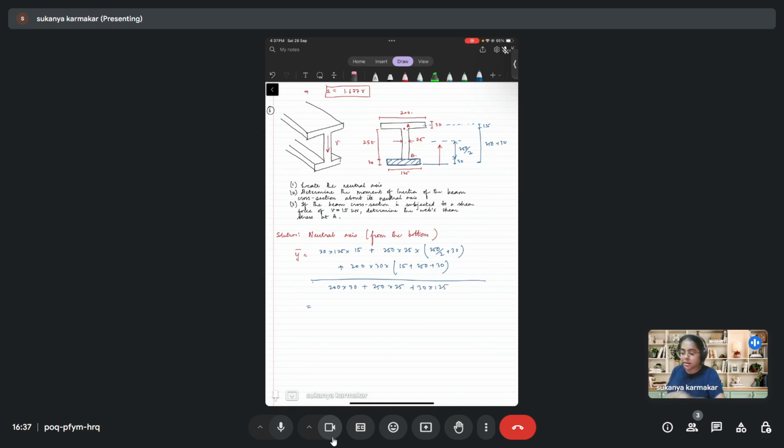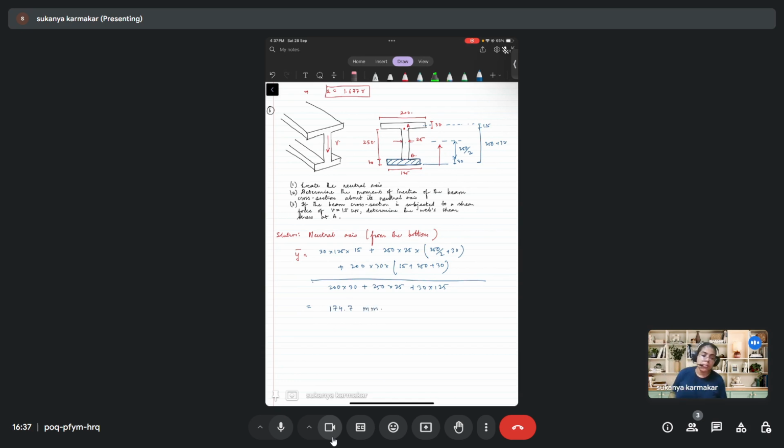So if I calculate this, this comes out to be 174.7 mm.